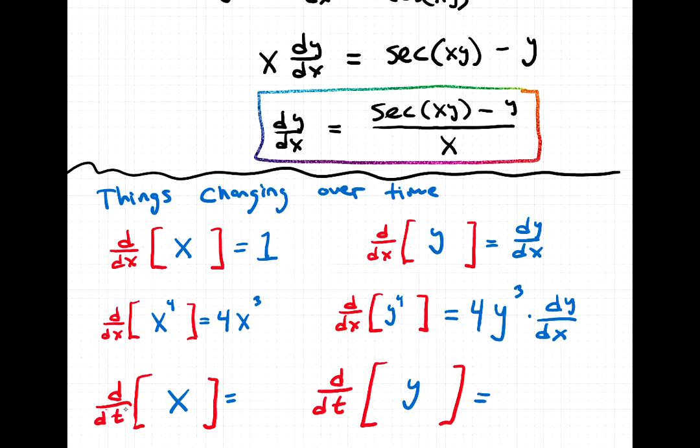So now we're taking the derivative with respect to time. So the derivative of x is no longer 1. The derivative of x is dx over dt. And the derivative of y would be dy over dt.